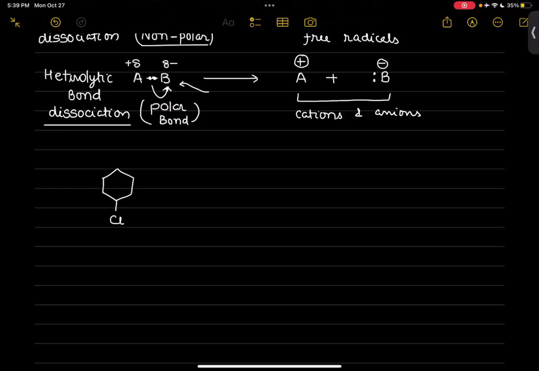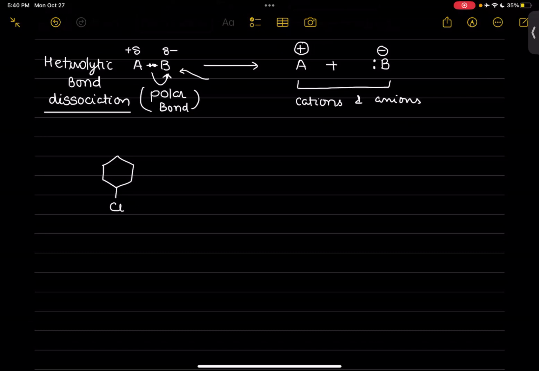It will shift towards chlorine because chlorine pulls the electrons. So it is going to start from the carbon chlorine bond, right? Absolutely correct. This carbon chlorine bond, chlorine being more electronegative, will pull the electrons towards itself. And chlorine will acquire partially negative charge. It is not Cl minus like in NaCl because the bond is still there. It's not completely cleaved.